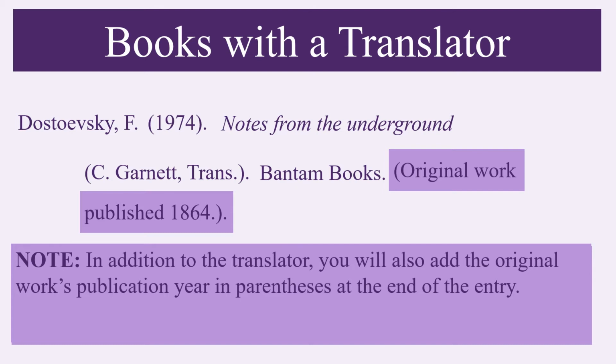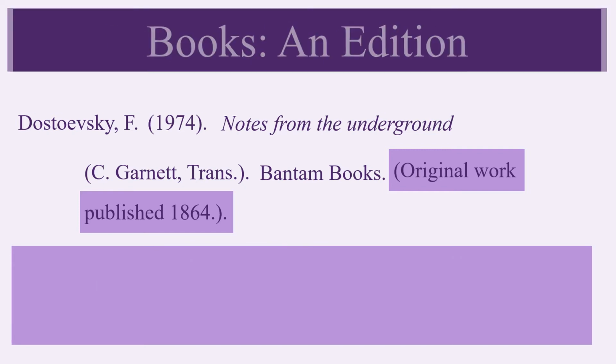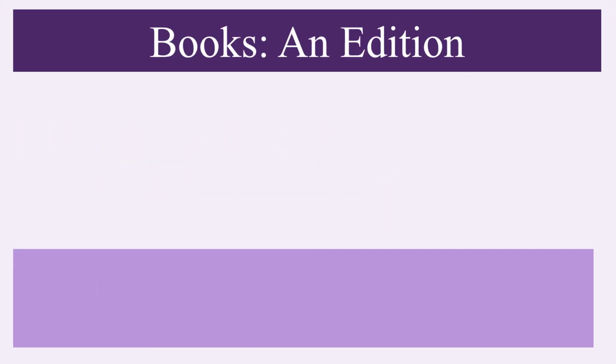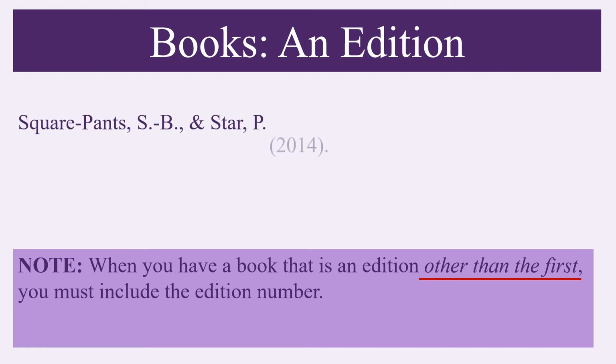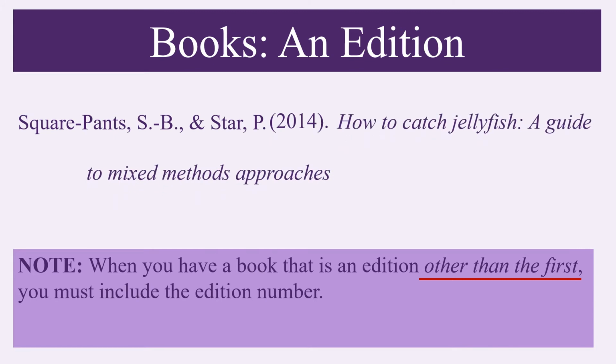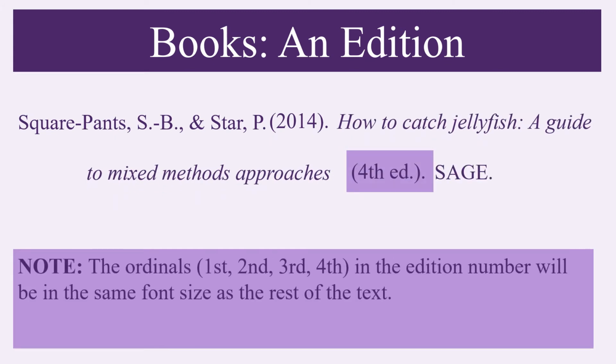Now that we know how to create a reference entry for a work with a translator, what do we do if the work is an edition other than the first? When you have a book that is an edition other than the first, you need to include the edition number. We still follow the same sequence of information, author, date, title, but then we'll put the edition number in parentheses. Now these edition numbers are ordinals, that means they have letters.